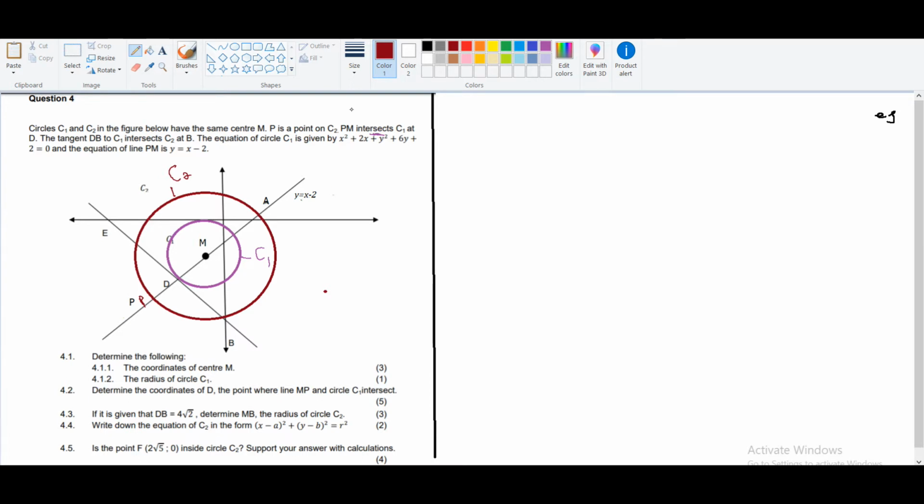So now the equation of a circle in its standard form has the form x minus x1 squared plus y minus y1 squared equals r squared, where x1 and y1 are the coordinates of the center of your circle.